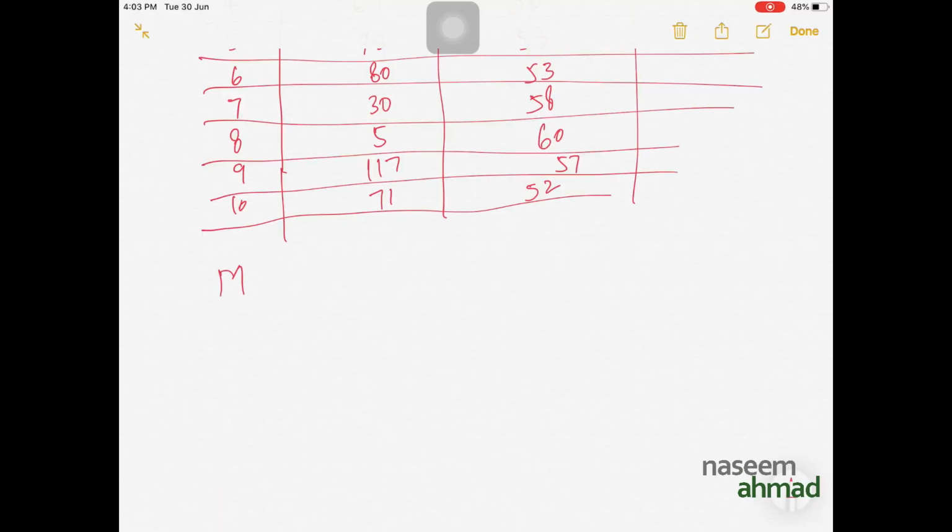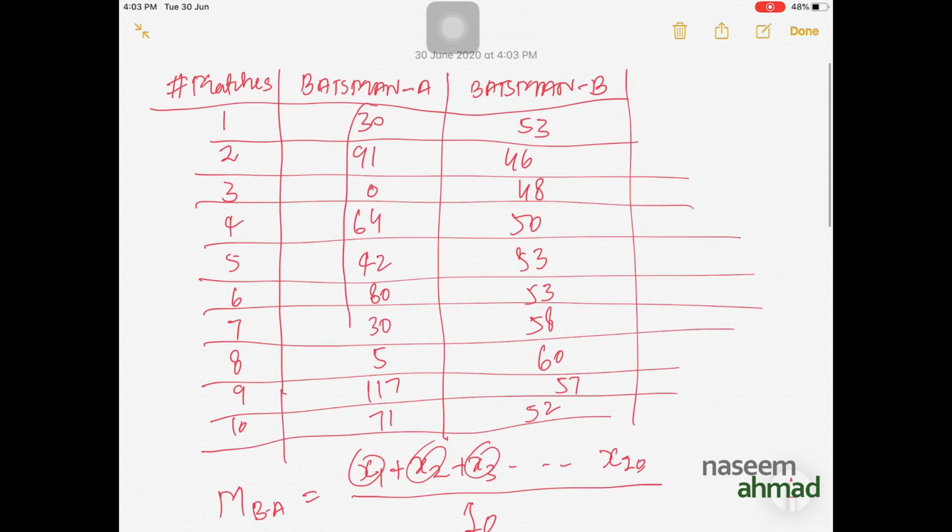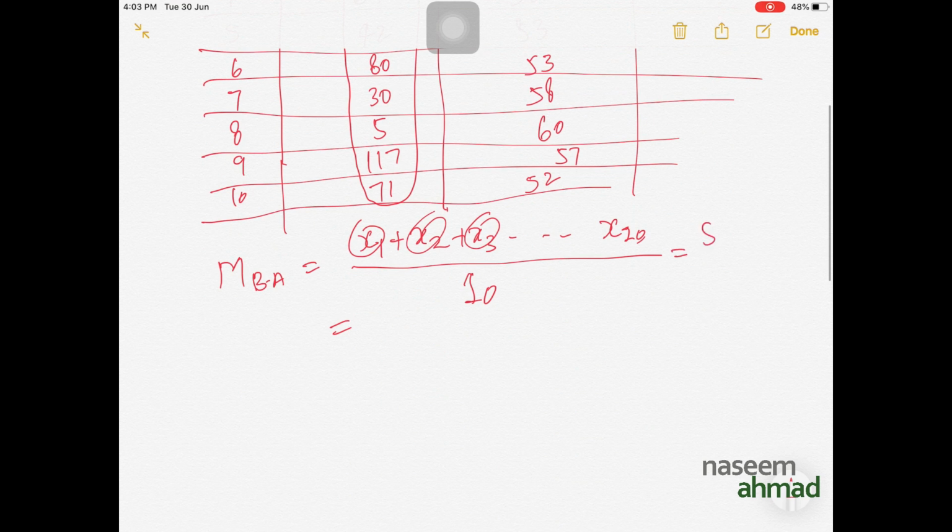For example, the mean of batsman A. We have 10 different data points, x1, x2, x3 and so on up to x10, and because these are 10 numbers, we need to divide by 10. If we add these 30, 91, 0, 64 and all the data points, we will get 530.